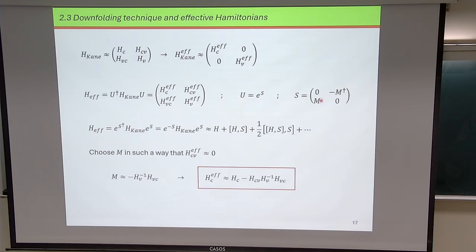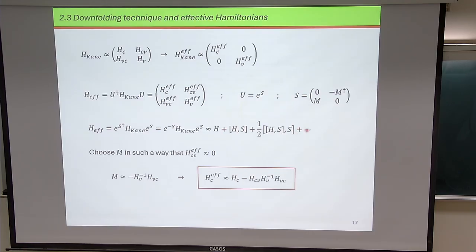I don't know what it is. I will just do a transformation, and I will choose M in such a way that these off-diagonal terms are approximately 0. In order to find this transform matrix, you can expand the exponential functions, and this is approximately this series of commutators.